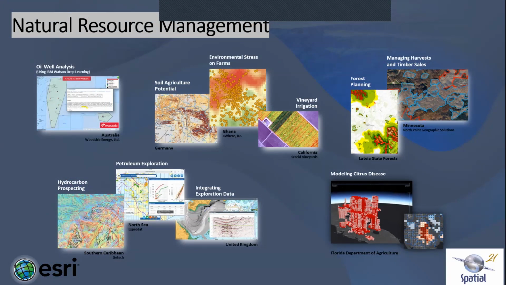It's looking at finding petroleum exploration sites, and in forestry, more sustainable forest practices. The one at the top left is where the Woodside Energy Company offshore in Western Australia uses IBM Watson deep learning machine to connect with GIS to understand and predict their core drillings.